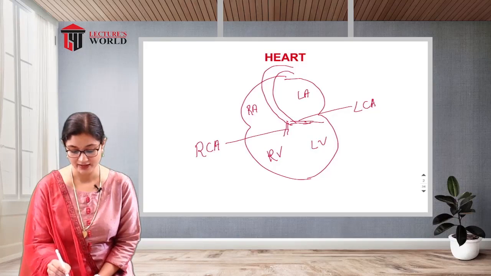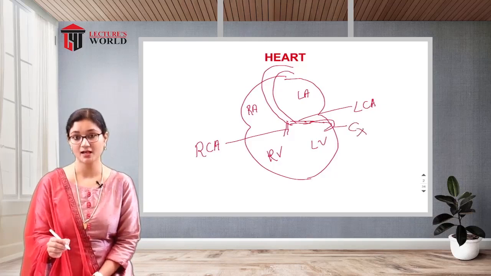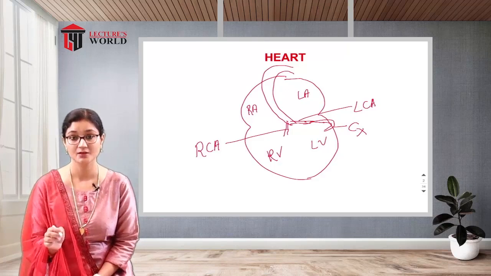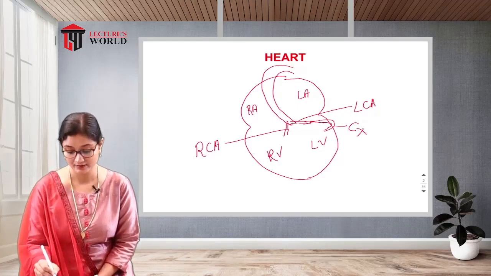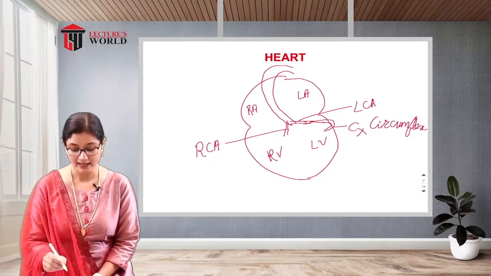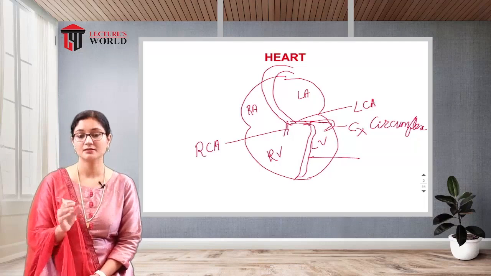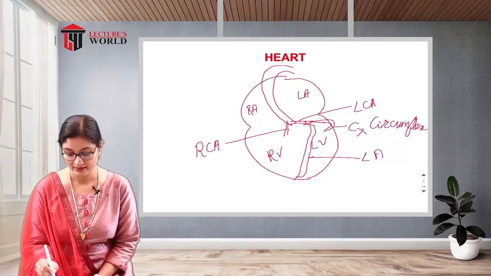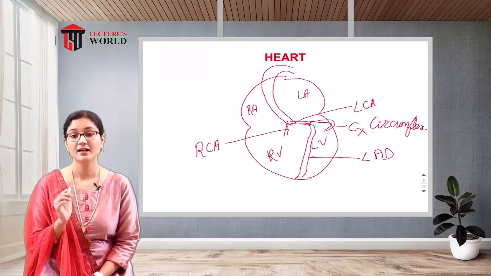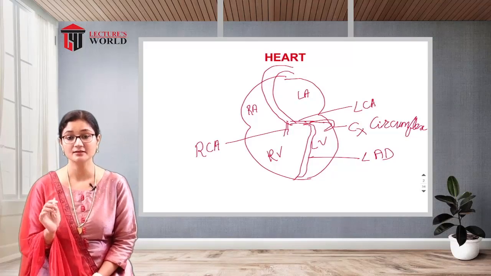One is the circumflex artery, which we also call CX. And then it gives rise to this artery, a little bigger artery that I have drawn, called LAD, that is the left anterior descending artery.